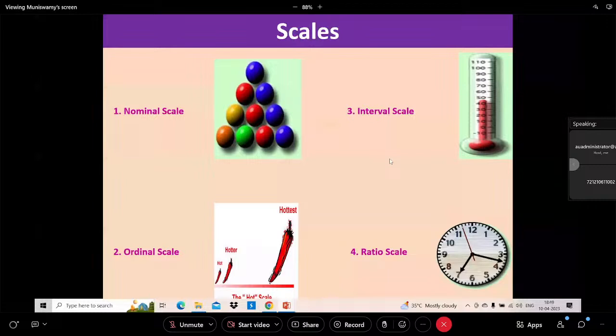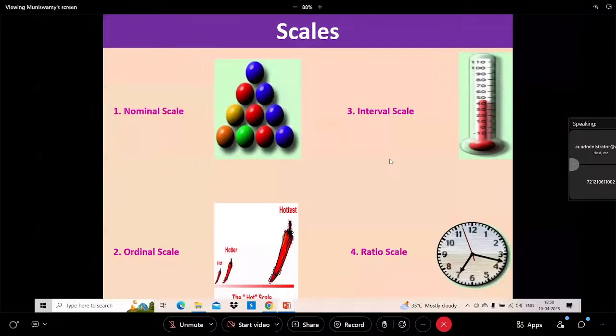The interval scale is again classified into discrete and continuous. Discrete is direct, like your age 21, 22, 23, 24. Continuous is 20 to 25, 25 to 30, 30 to 40. That type of data has an interval scale.